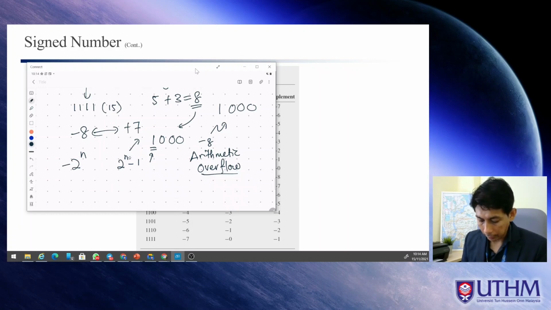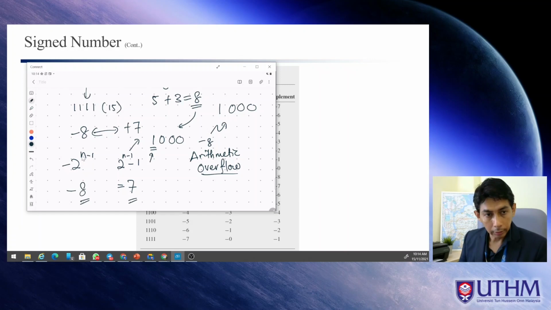In this case n equals 4, so 4 minus 1 is 3, 2 power of 3 is 8, minus 1 you have 7, and minus 2 power of 3 is minus 8.